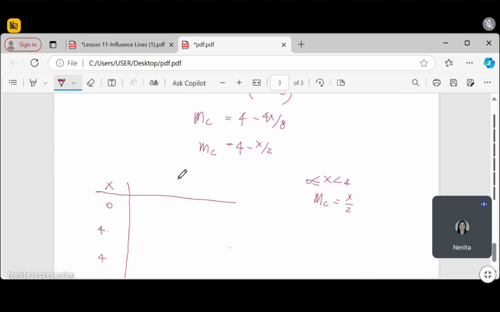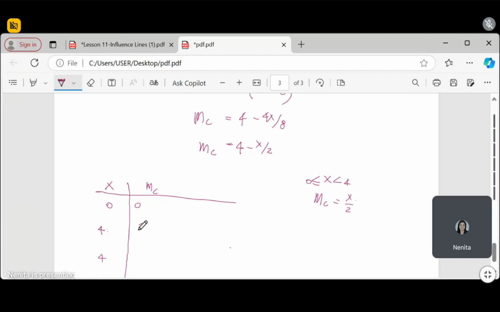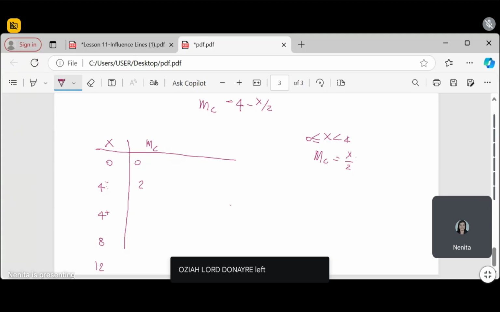I-try natin, class. If x equals 0, MC is 0. If x equals 4, 4 over 2 is 2, correct? Kahit negative or positive, left side and right side, kapag umalis na si 1.